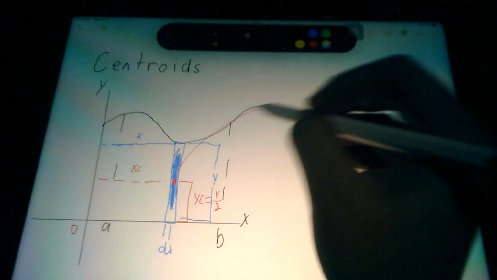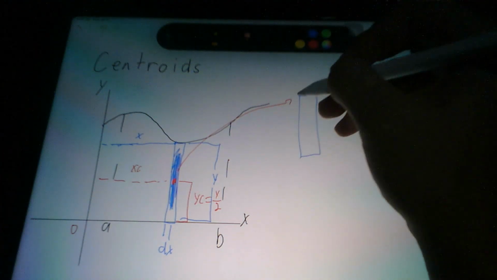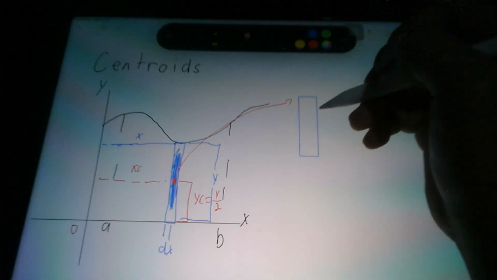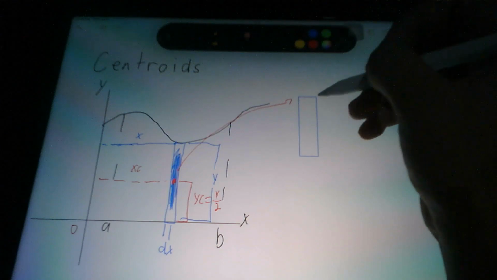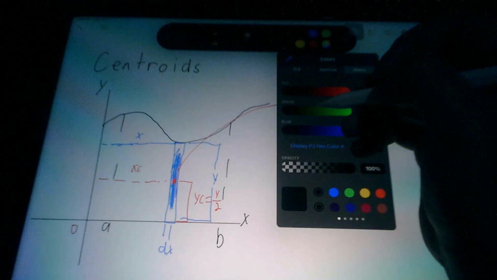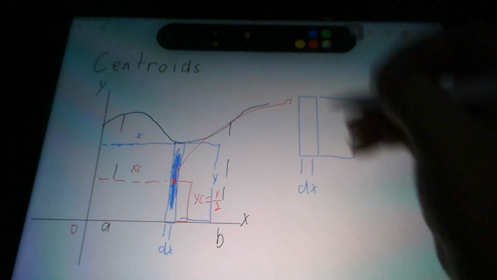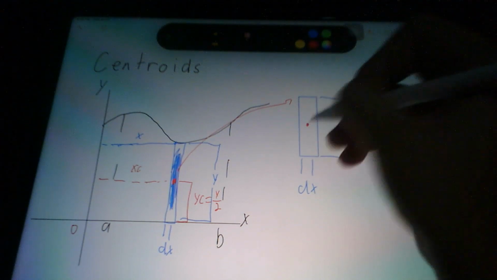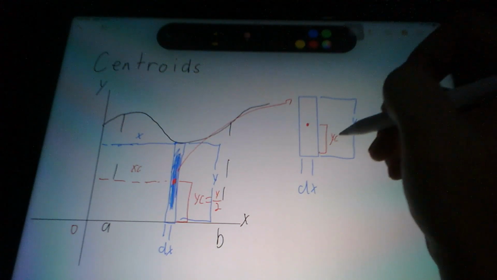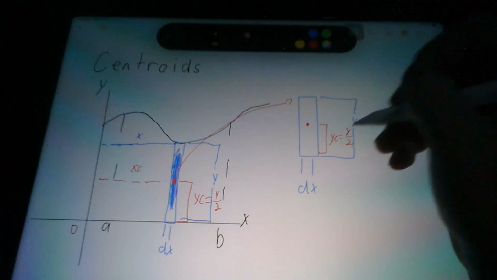So let me label this: this is our y, the height of our strip. This is dx, the thickness of our strip, and from the center here, this is just yc, and yc is equal to half of y, which is y over 2.